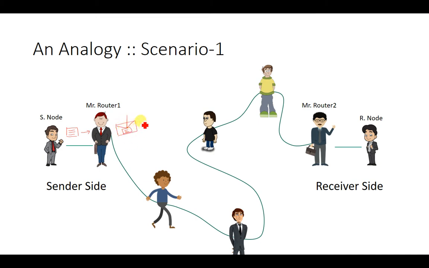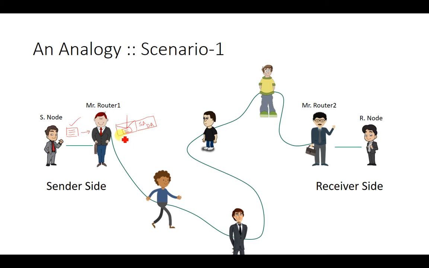Along with putting that envelope, he will attach the IP header, which is the source address and the destination address. Generally, in case of transport mode, what is the payload over here? The message S node wants to send to R node. So that will be encapsulated, or put inside the packet.